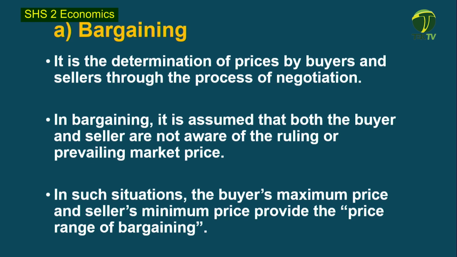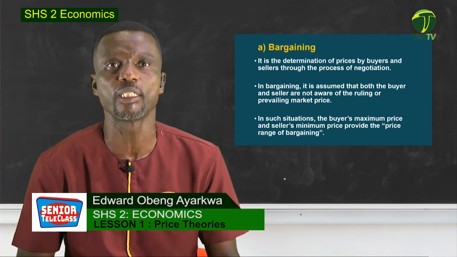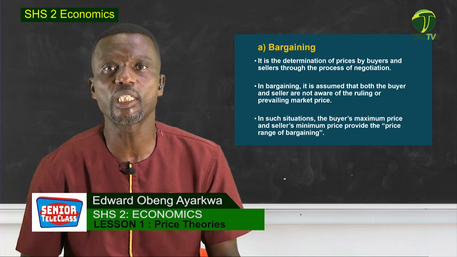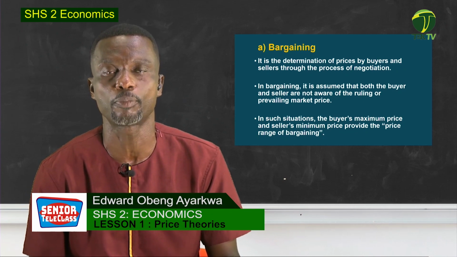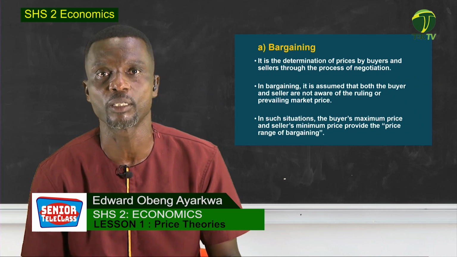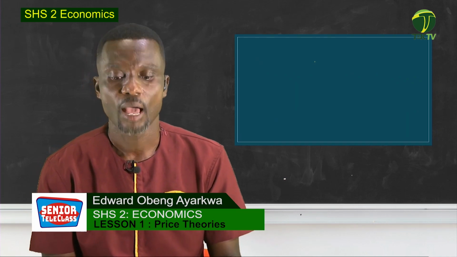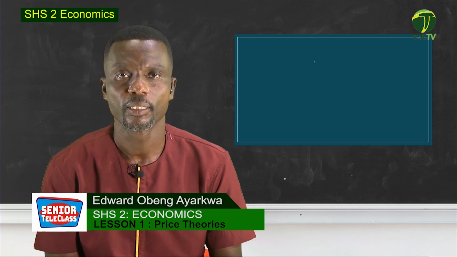So in bargaining, what we are simply saying is that one goes to the market without any idea of what the price of the commodity is. By negotiating with the seller, he or she is able to arrive at the price that he must pay for that particular commodity. So, we want to look at how to determine price using bargaining.